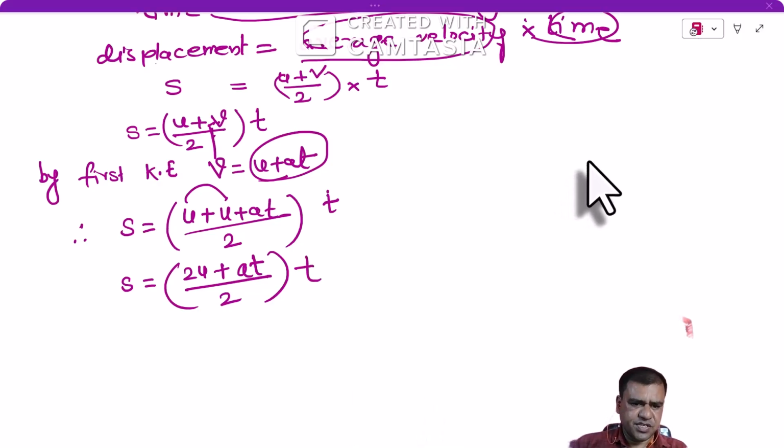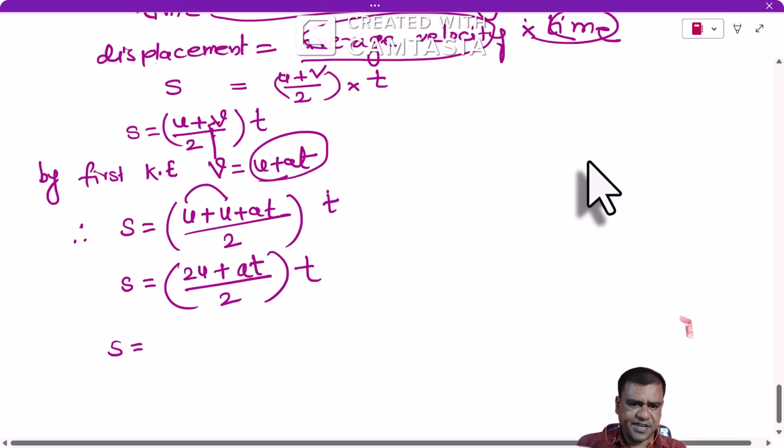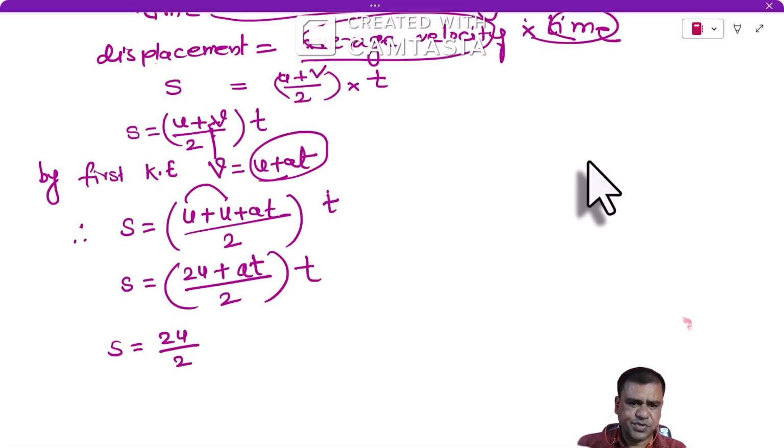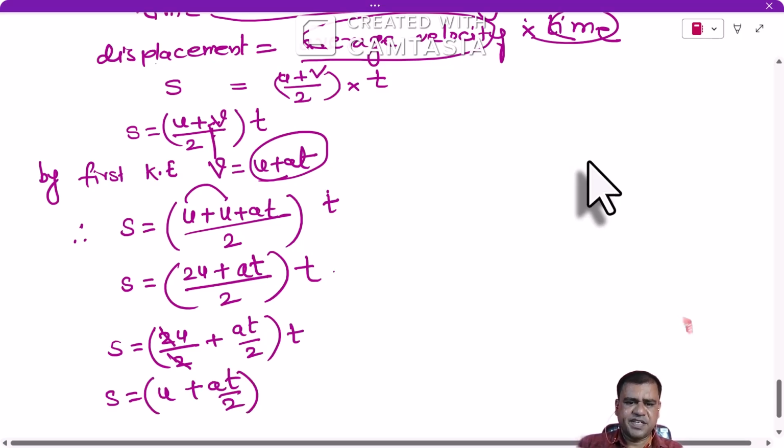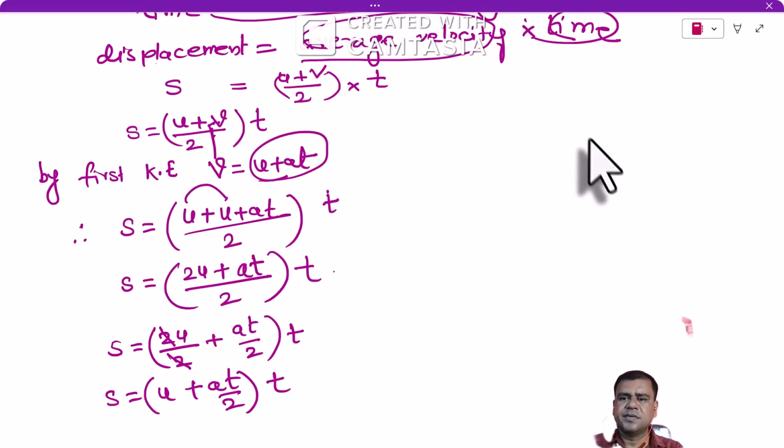Now on solving this, s is equal to twice of u divided by 2, separating the denominator, plus at by 2, take this in bracket and multiply this t as it is. Now on solving, 2 gets cancelled, we get here u as it is in bracket plus at by 2 also as it is, into t.